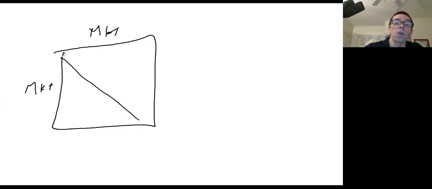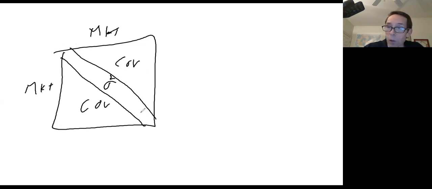But as always, all of the cells on the diagonal are going to be variance terms. Everything on the off diagonal is going to be covariance terms. So there's one variance cell for each one of the assets, but there are going to be zillions more covariance terms than that.